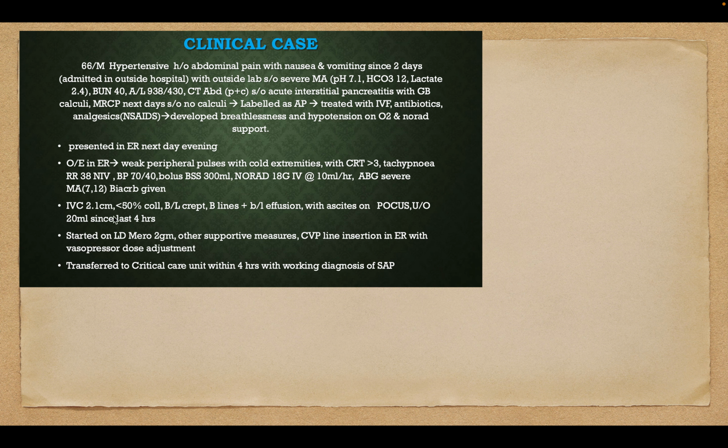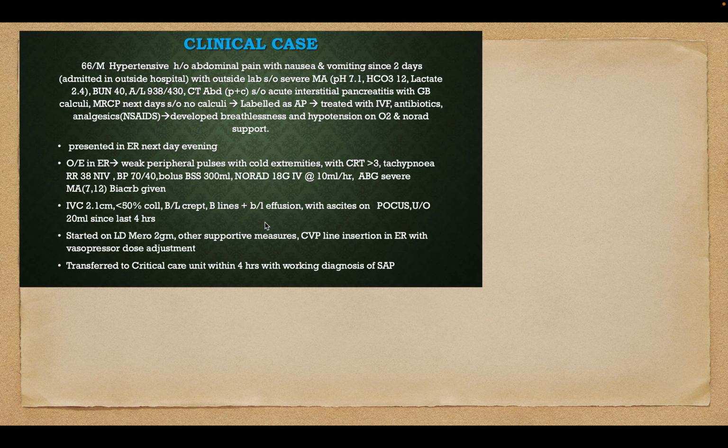IVC was assessed, which was about 2.1 centimeters with less than 50% collapsibility. He had bilateral crepts, B lines, ascites, almost no urine output. He was started on meropenem. CVP was inserted, vasopressors were started, and then shifted to ICU under my care for further management.